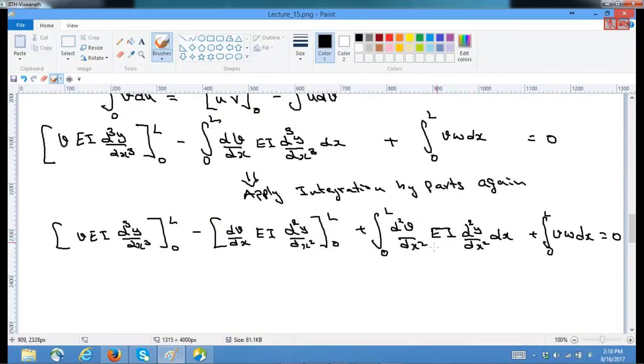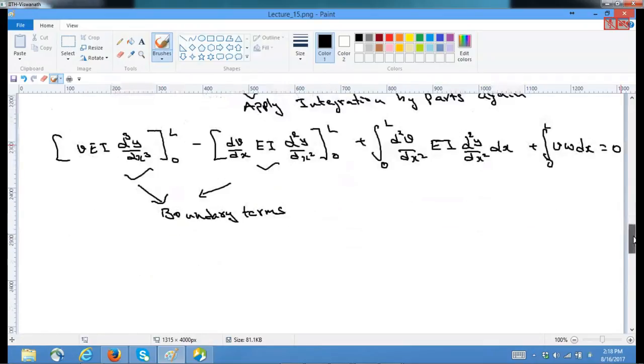Now these two are called boundary terms, and the boundary terms define our boundary conditions.